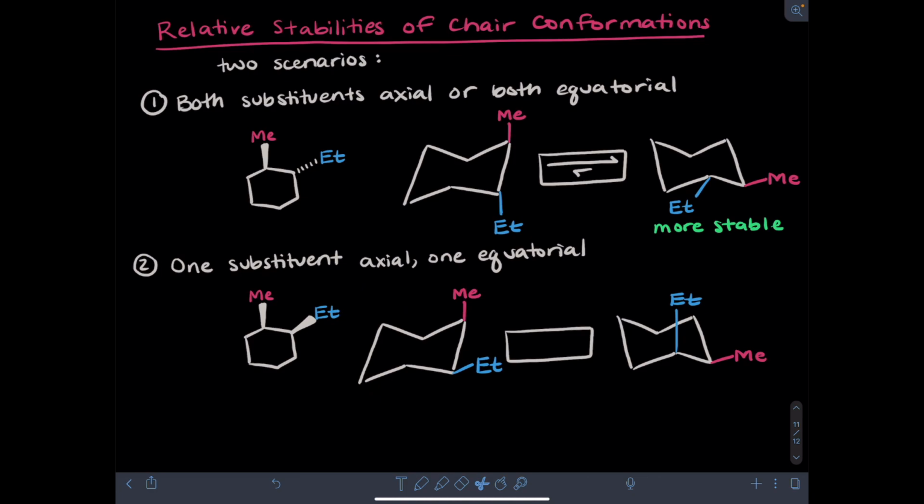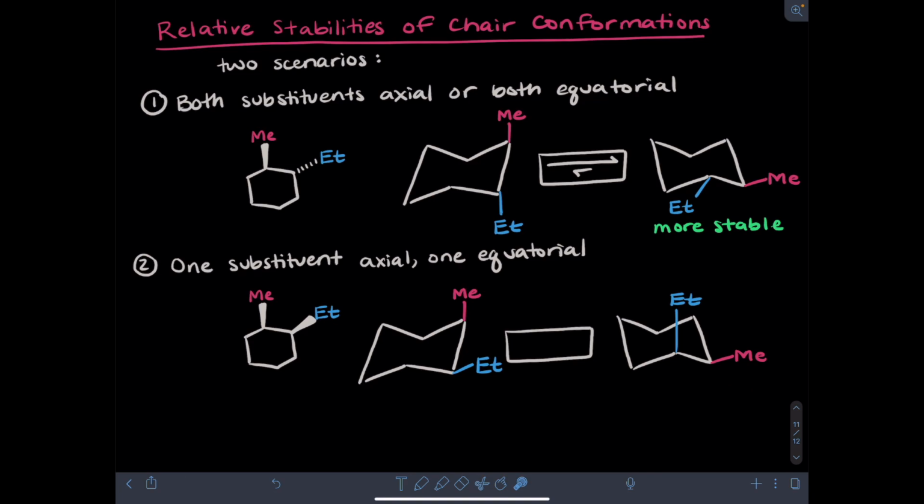Because both substituents are wedged, they will both always point up. But in one chair conformation, methyl is axial and ethyl is equatorial. Then in the other chair conformation, methyl is equatorial and ethyl is axial. So each conformation has 1 axial substituent and 1 equatorial one.